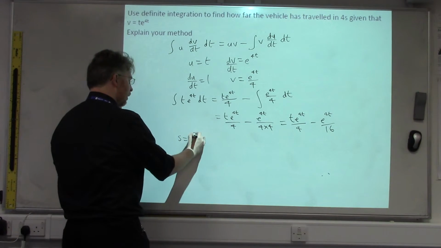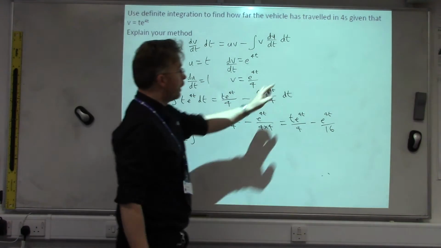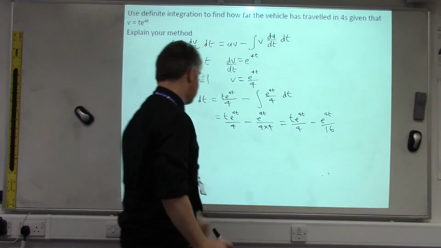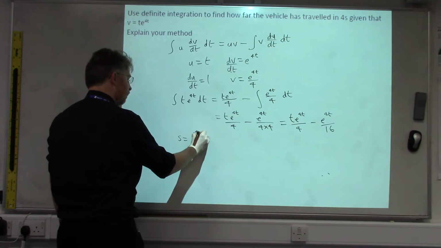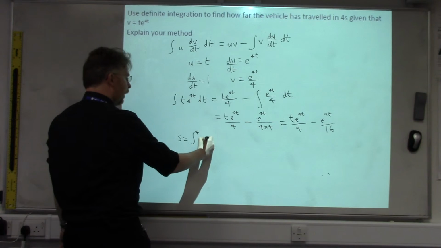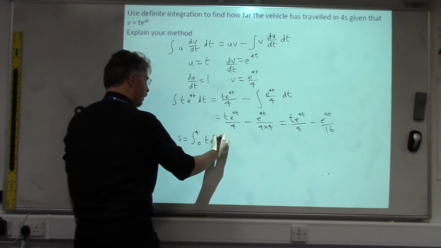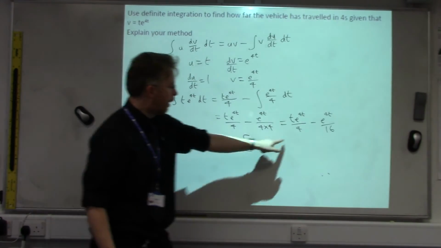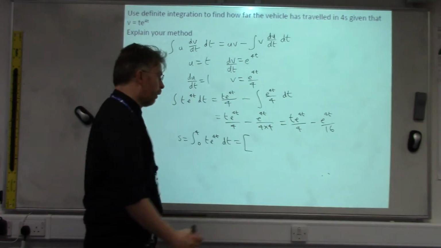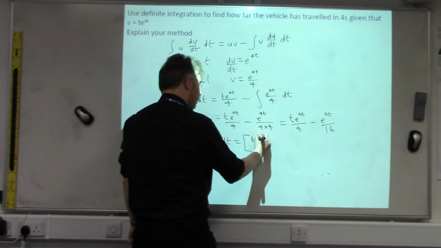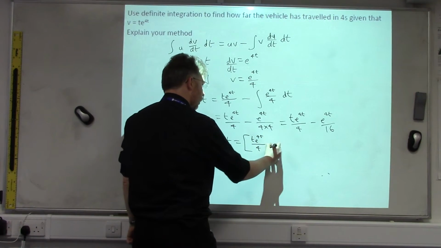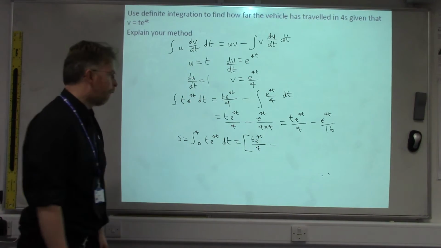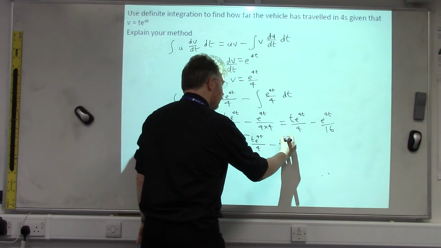So the limits are 0 to 4 seconds of t e to the 4t dt equals, open the square brackets. That's what should go inside the square brackets: t e to the 4t over 4 minus e to the 4t over 16.